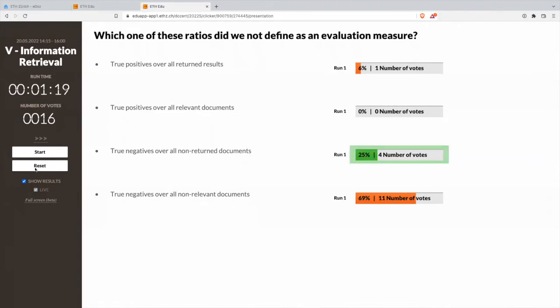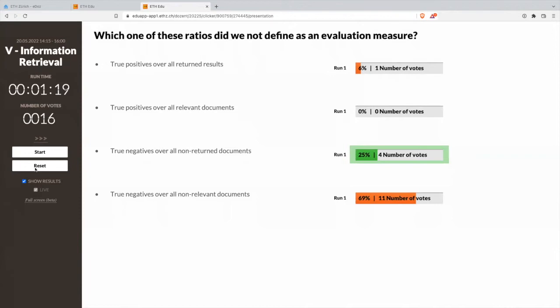Can you now tell me what it is called? Yes, that's specificity, exactly. So it's all the non-relevant documents, the ones you do not want to return, and we are computing among them the ones that we actually do not return. So that's specificity.